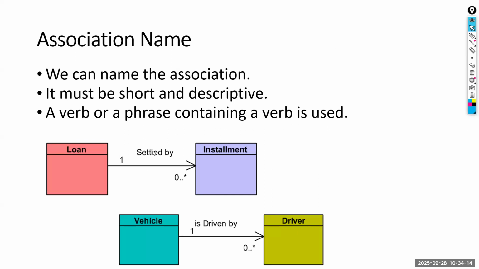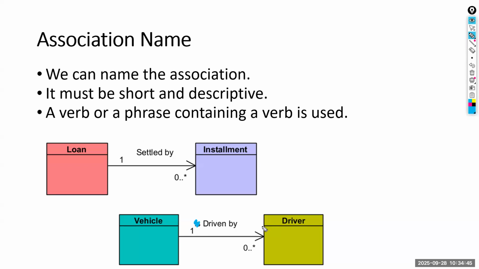The association name must be meaningful so that someone who looks at your class diagram can easily understand the association, like loan settled by installment, or vehicle driven by driver. Then someone will find it easy to understand your class diagram.